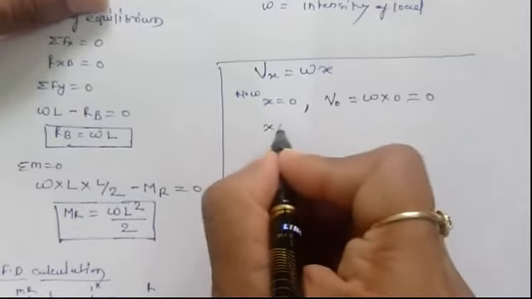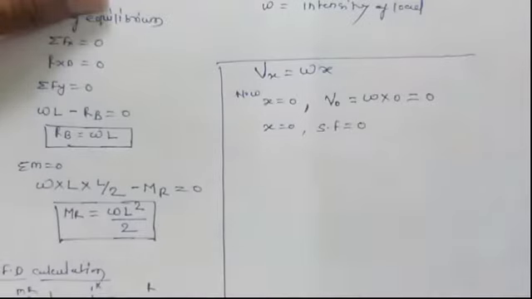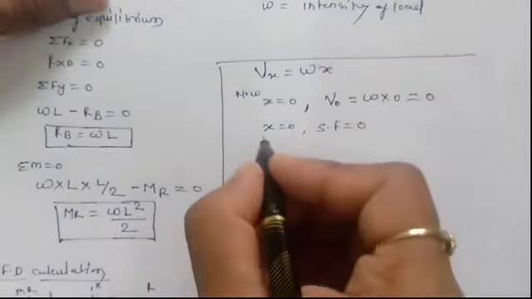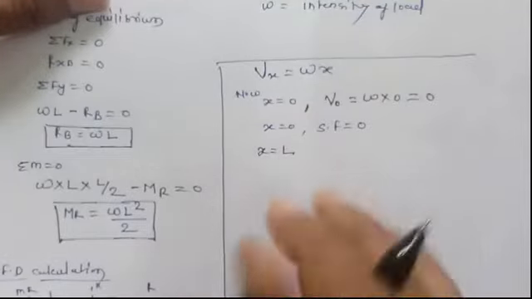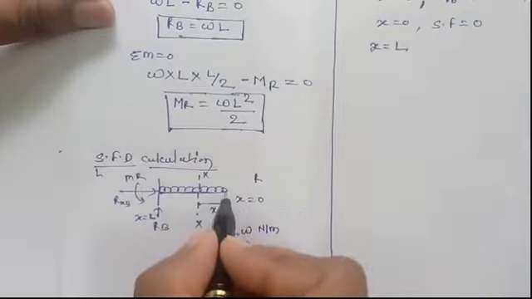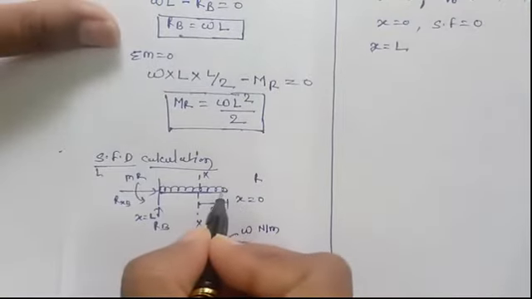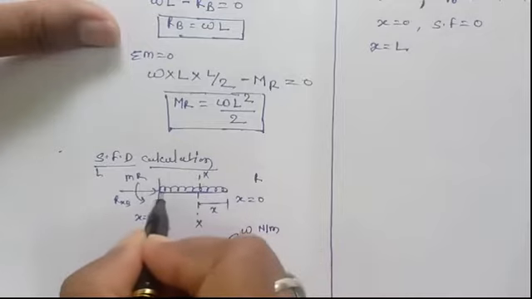When X equals 0, the shear force will be 0. At this particular point the shear force will be 0, and similarly we can move here up to length L.